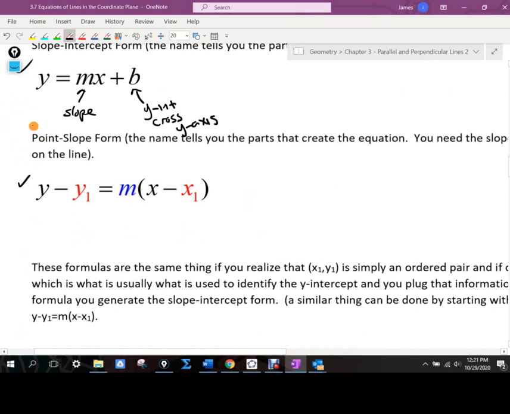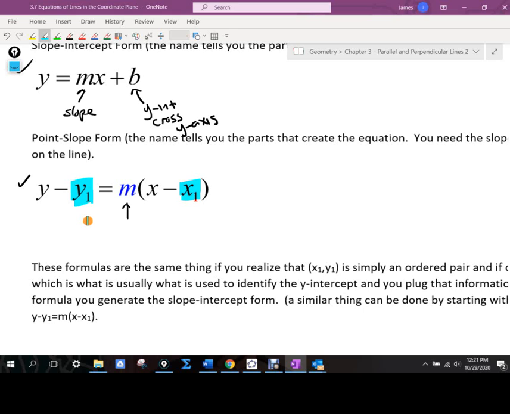This is a formula that as long as you know a slope of your line and you know a point that exists on your line, y1 and x1, that's a point that is on the line that you're dealing with. So it doesn't have to be the y-intercept. It could be any of the infinite points on your line. You plug that information into that formula right there, and you will get the equation of your line.